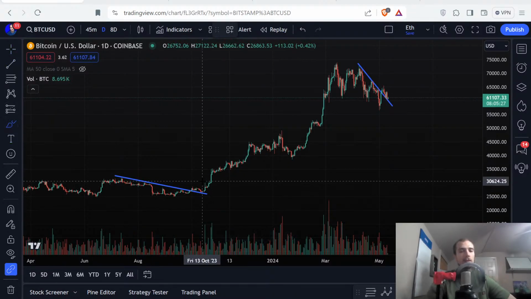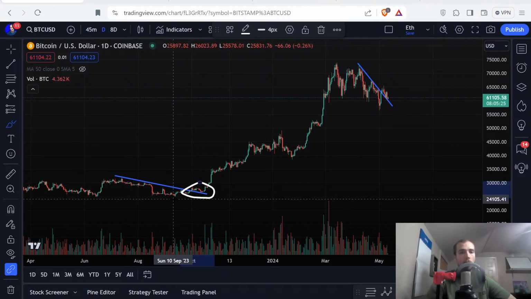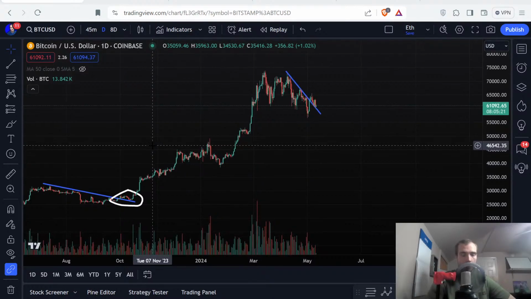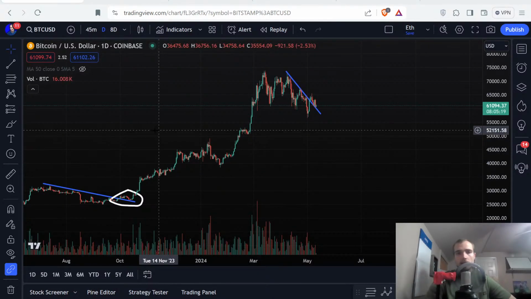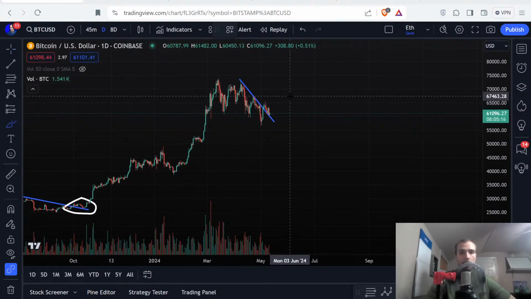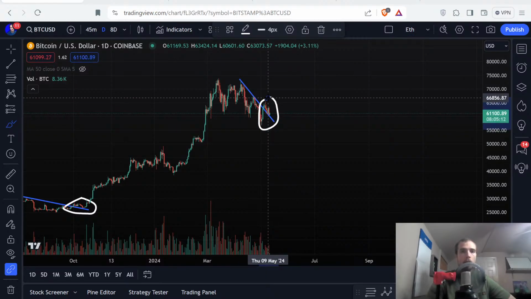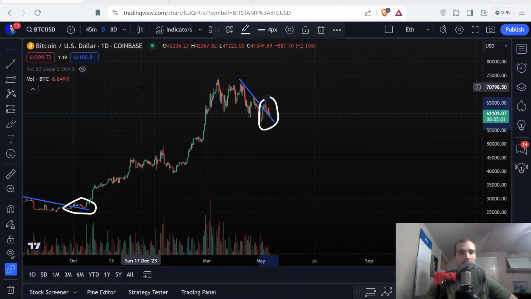A whole bunch of examples of when markets break out, they retest their trend lines before they push higher. So this is a pretty common thing for markets to do, to have a breakout and a retest of major support. That's exactly what we're seeing here with Bitcoin. And it's something that's very common inside of markets, very common to see this.